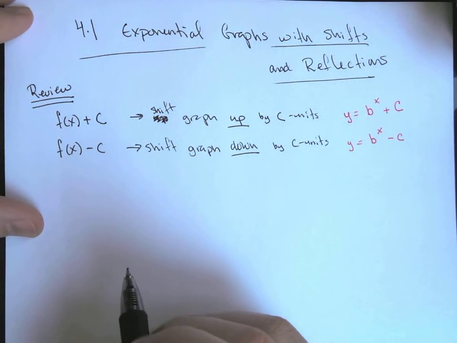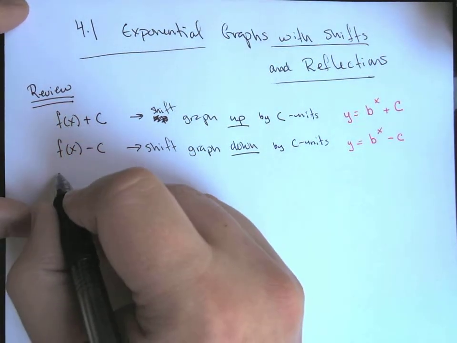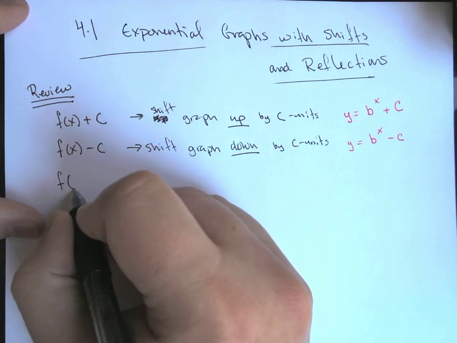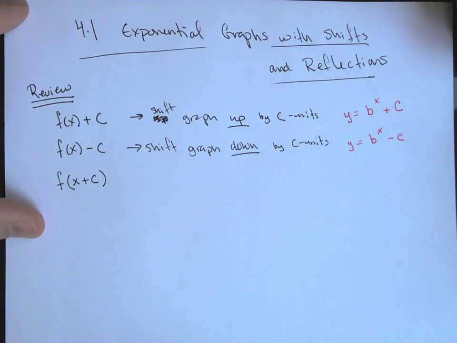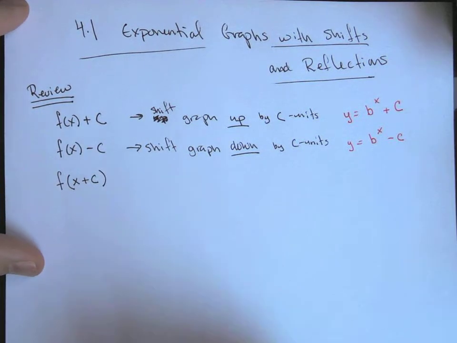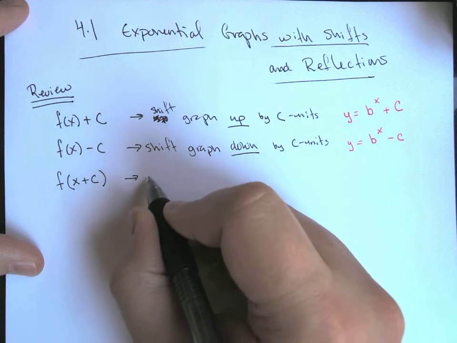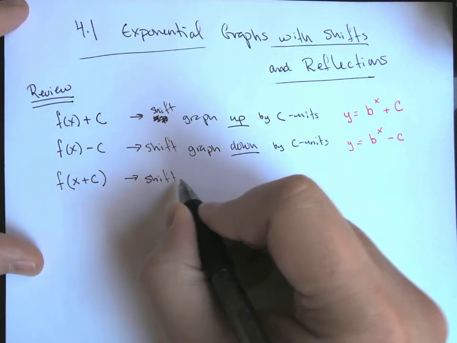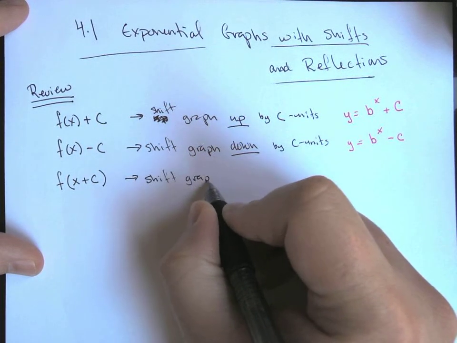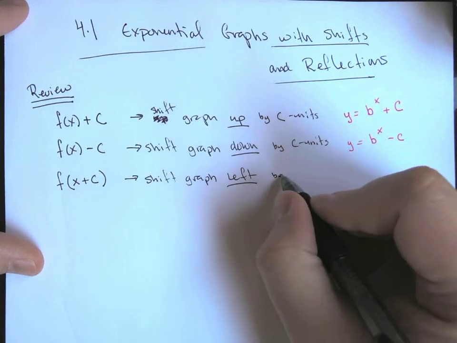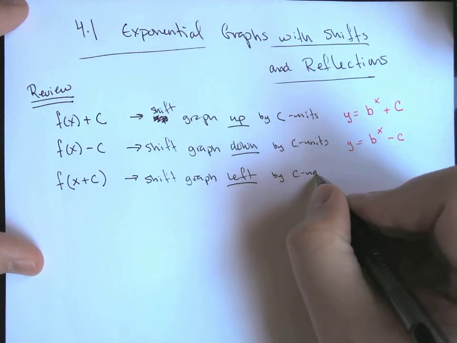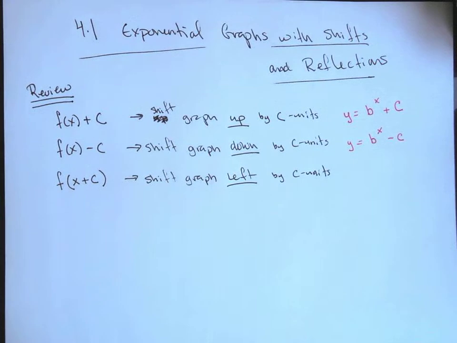Our shifts left and right happen when we add and subtract directly on the x. So if I do f of x plus c, that's going to shift our graph to the left by c units. Adding and subtracting directly on the x's is always a little bit counterintuitive.